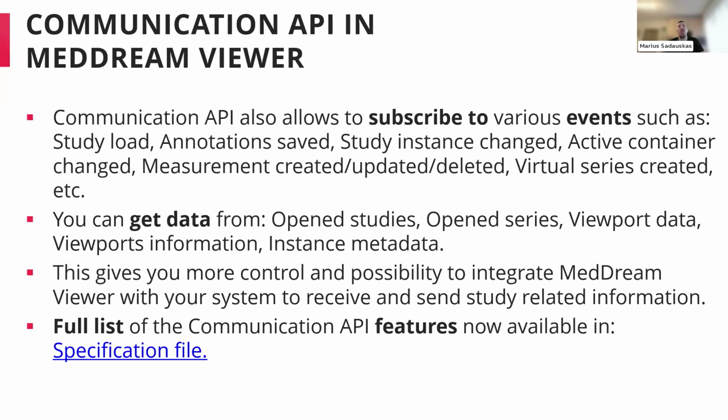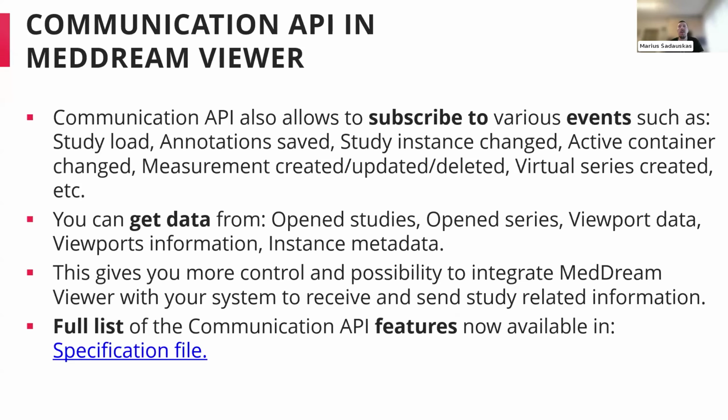What else? The communication API also allows you to subscribe to various events. For example, you can subscribe to events and get notified when a study is loaded, when an annotation is saved, when a study instance is changed, or, let's say, when a measurement is created.